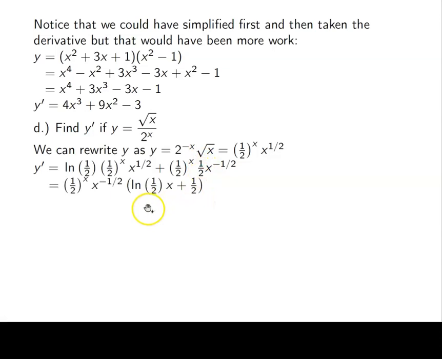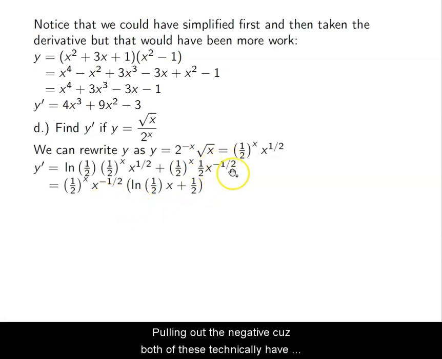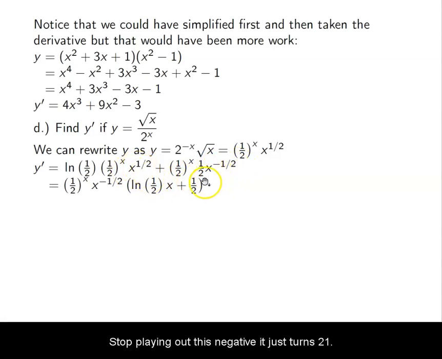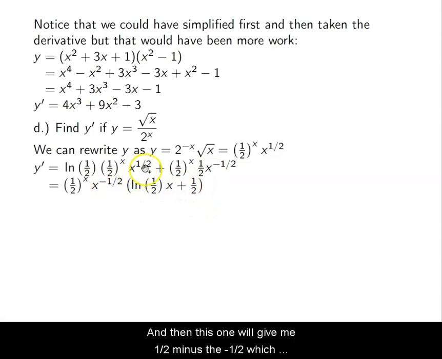Okay, there we go. So I'm pulling out the negative because both of these technically have a negative in them. So pulling out this negative, it just turns to 1, right? And then this one will give me 1/2 minus a negative 1/2, which bumps it up to a whole, actually.